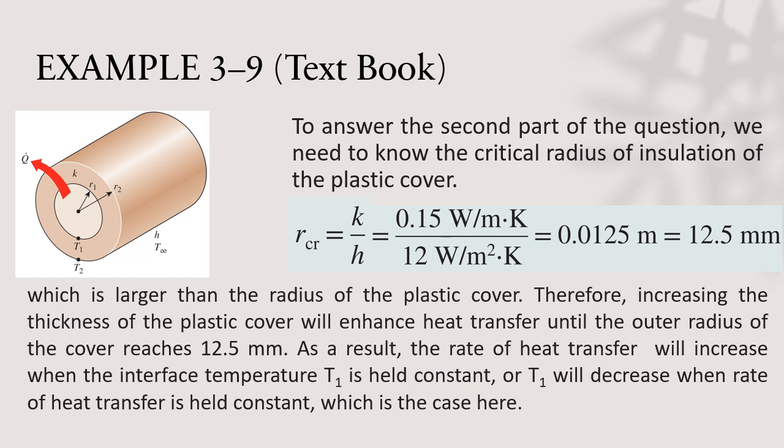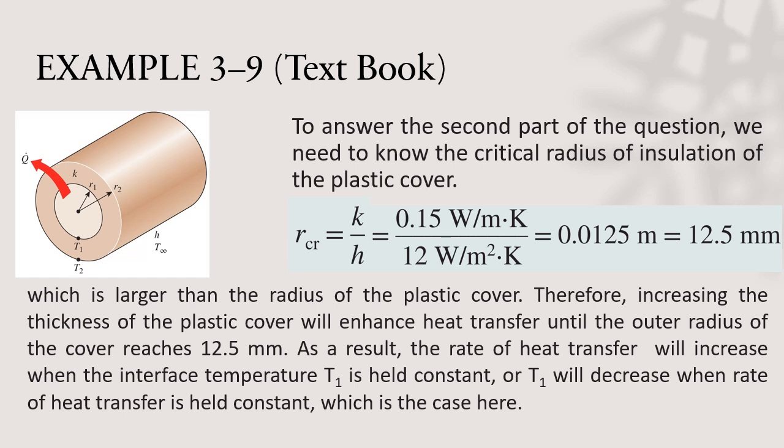Therefore, increasing the thickness of the plastic cover will enhance heat transfer until the outer radius of the cover reaches 12.5 millimeters. As a result, the rate of heat transfer will increase when the interface temperature is held constant, or T sub 1 will decrease when the rate of heat transfer is held constant, which is the case here.